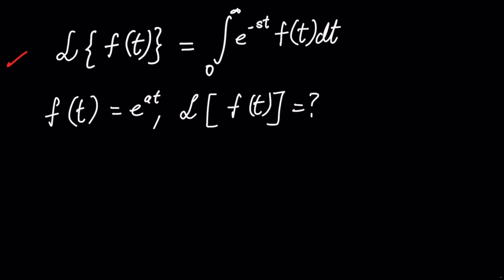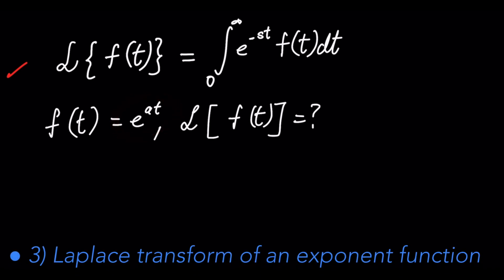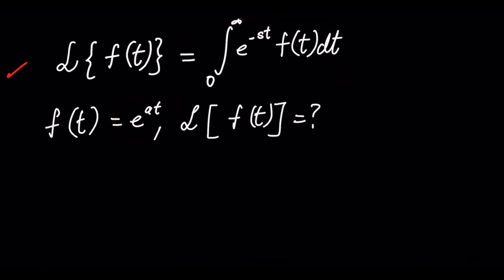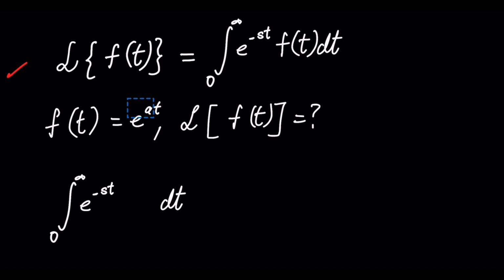Let's find the Laplace transformation of e power at. Using the standard definition of the Laplace transformation, we are going to get this result. Now, since the bases are the same, meaning that both are exponents, we can add the powers.